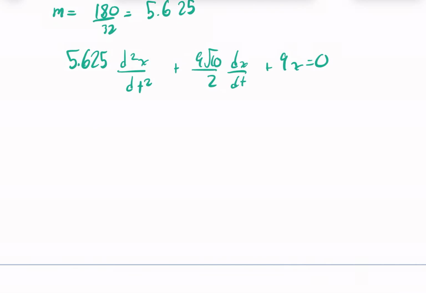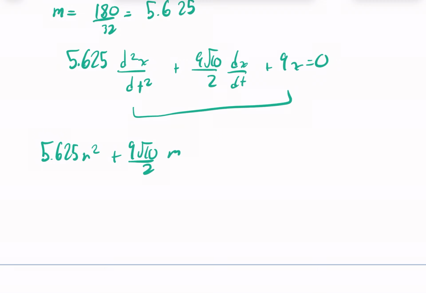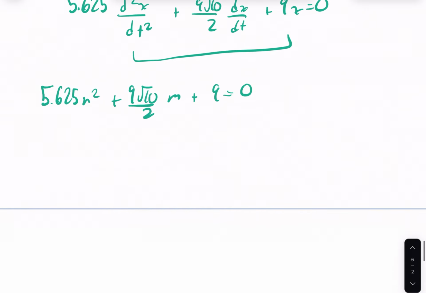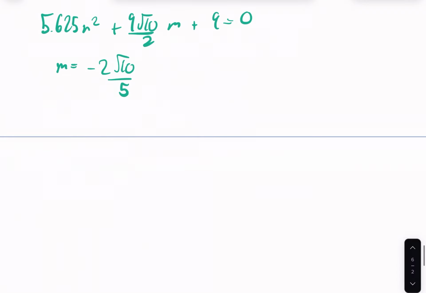So now we have more so like an auxiliary type of equation. And so now we can do 5.625 m squared plus 9 root 10 over 2m plus 9 equals 0. Now you solve this and you'll get m equals negative 2 root 10 over 5. Cool.